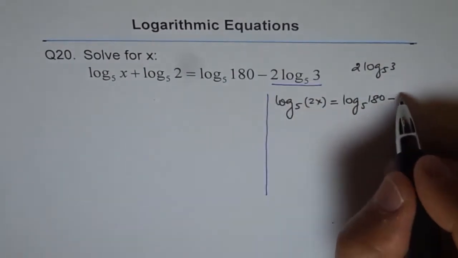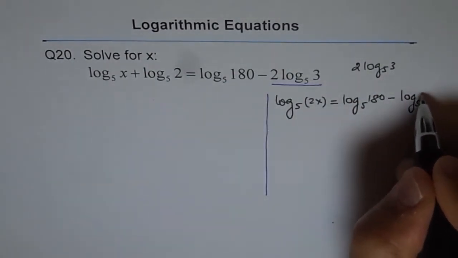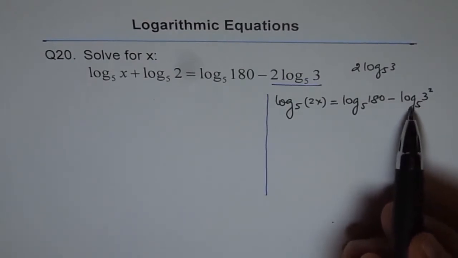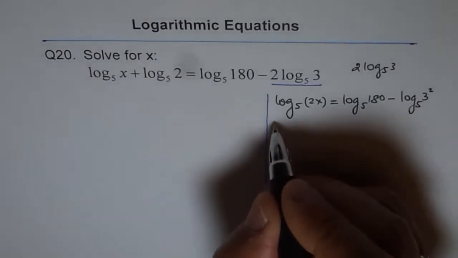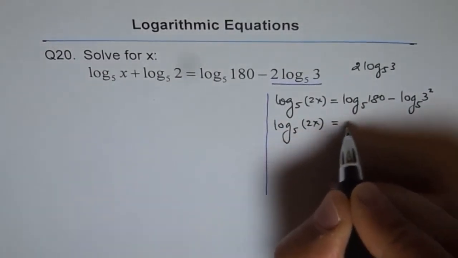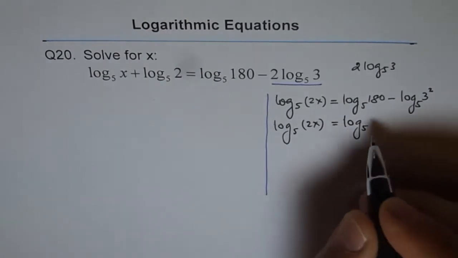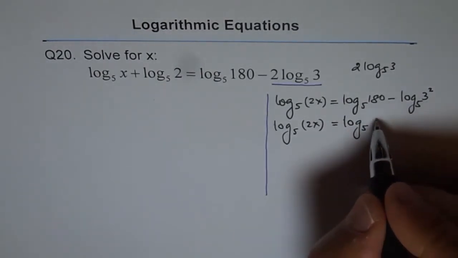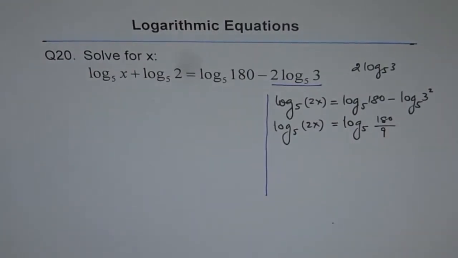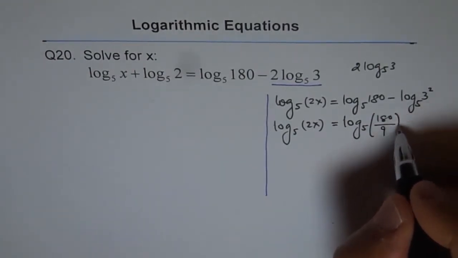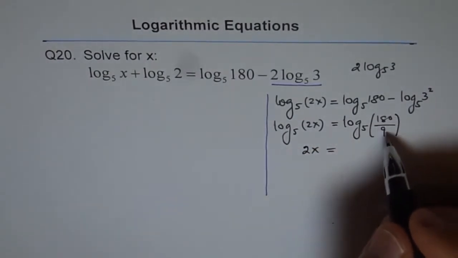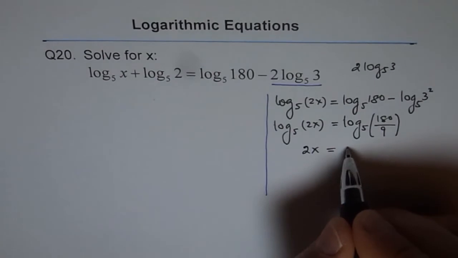We'll use the power rule first. 3 square is 9. So first apply the power rule and then apply the quotient rule. So log 5 of 2x equals log 5 of 180 divided by 3 square, which is 9, correct? So that is what it is. Now that gives me 2x is equal to 180 divided by 9, which is 20.